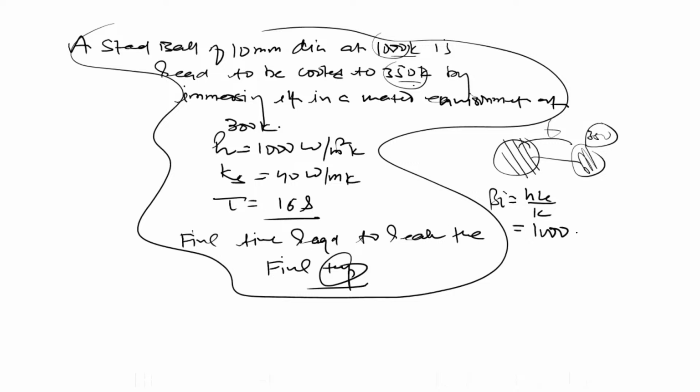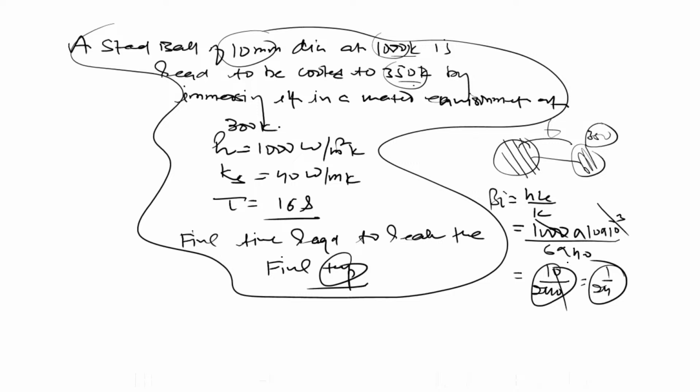Lc for a spherical ball is d by 6, so it's 10 into 10 power minus 3 by 6, and k is 40. That gives 10 by 240, which is 1 by 24. How much is this value? It's 0.04, much less than 0.1.